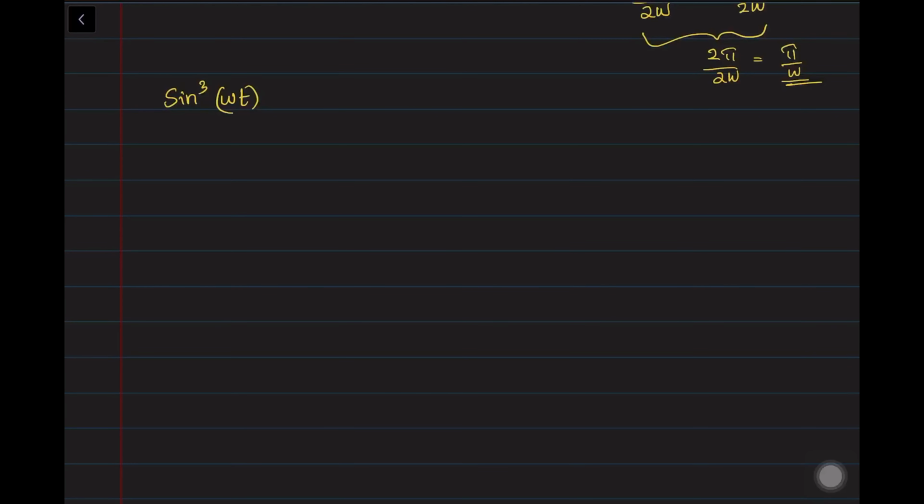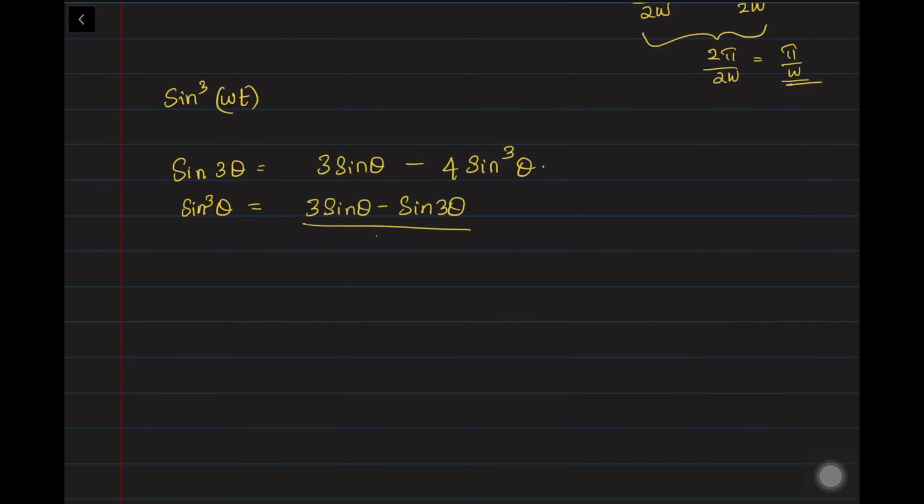For that you should know the trigonometric identity, which is sin 3 theta is equal to 3 sin theta minus 4 sin cube theta. And what is sin cube theta from that? Sin cube theta is equal to 3 sin theta minus sin 3 theta, divided by 4.